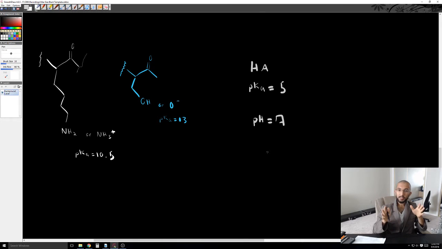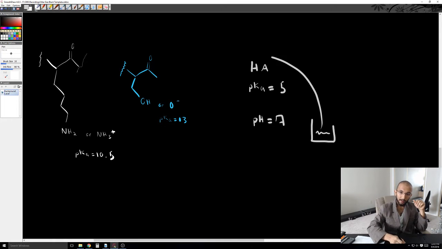It's willing to give up its hydrogen, which means it's relatively acidic, and of course everything is relative, so here we're talking relative to the medium, which has a pH of 7. The pH of 7 tells us that there's a relatively low amount of hydrogen in the environment, so this environment is actually quite eager to abscond with a hydrogen when it can. So when the two interact, the environment, this pH 7 cup of liquid, is going to grab the hydrogen from HA.